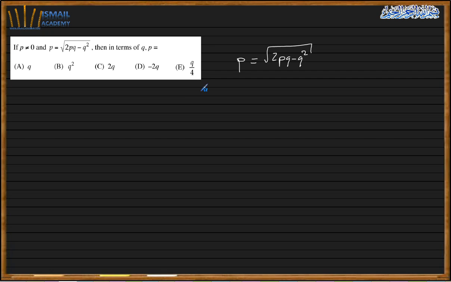Square, because I don't need to have a square root, so I got p squared equal 2 minus, because here it's a quadratic, so I need to move factors, so p squared minus 2pq squared equal, so again let me do this one step by step because I don't want to confuse some students.